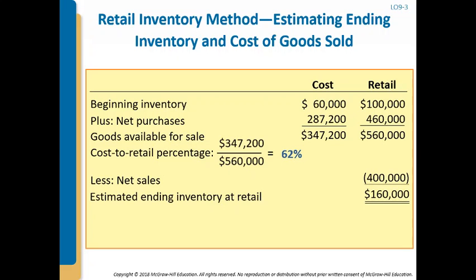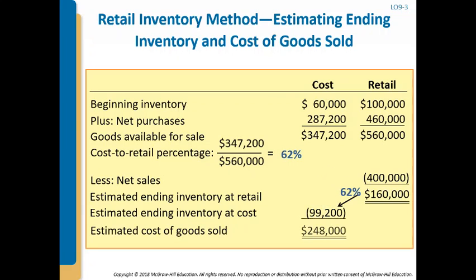And then you're going to subtract net sales from the goods available for sale at retail to come up with your estimated ending inventory at retail. And then you're going to multiply, in this case 160 times the 62% to come up with the estimated ending inventory at cost.